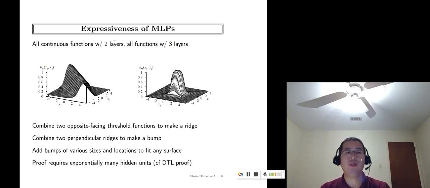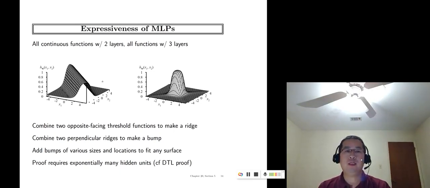So it can represent all continuous functions with two layers, and all functions, either continuous or non-continuous, with three layers. That's great. You can find it here. This is one continuous example with two inputs, and this is another one.